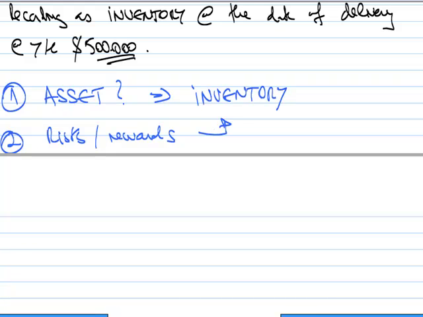So make a list of any risks and rewards that come up and write it down in your exam. So with inventory, the risks are, okay, the goods might be stolen. And if the goods are stolen, who will have this risk?